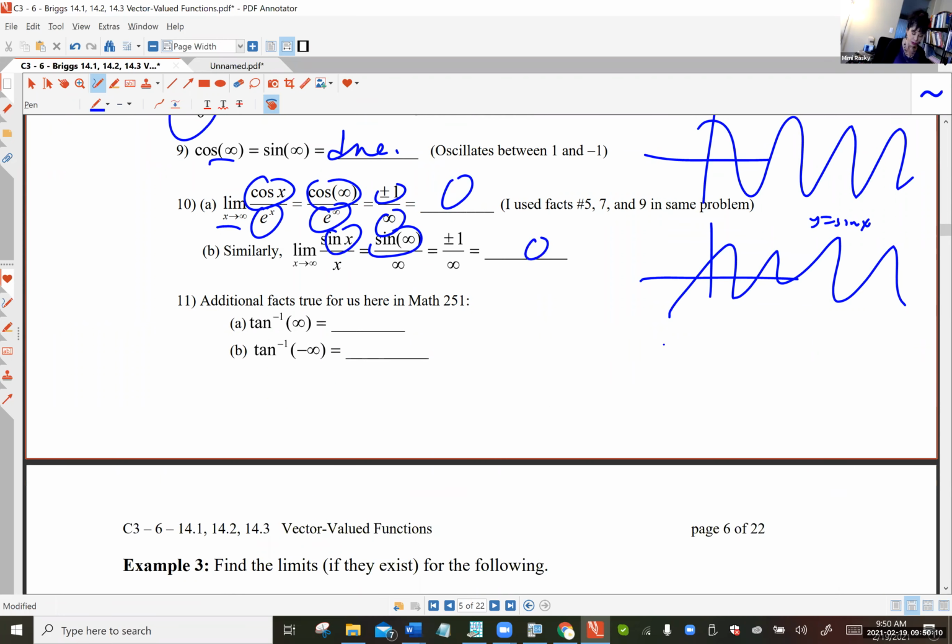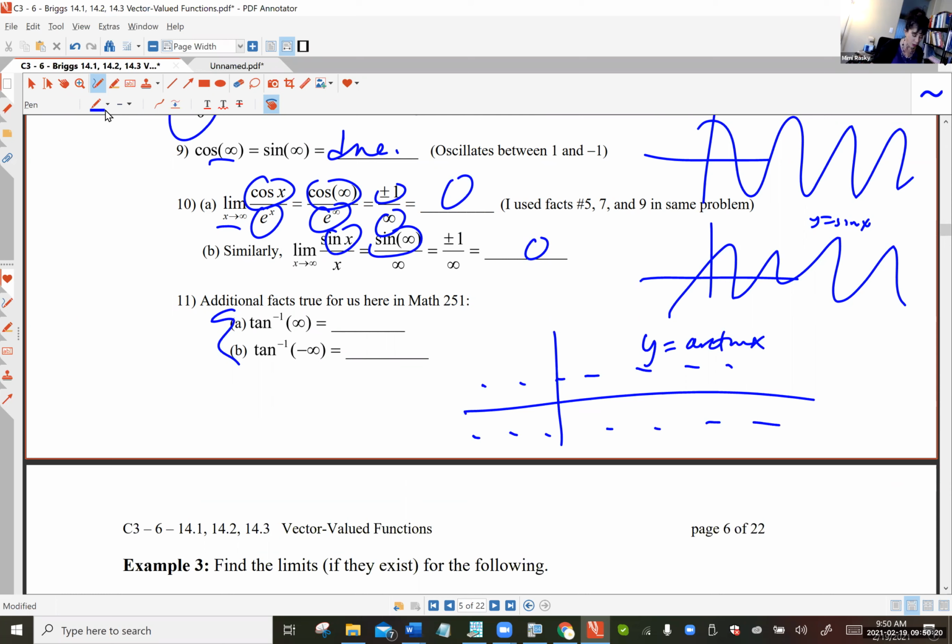Okay, now let's look at arctan. Real quick, you should know your arctan facts because I'm really into arctan in this class. You may have forgotten what the graph looks like, so I'm here to remind you that it's kind of cool. It has two horizontal asymptotes. The upper horizontal asymptote has the equation y equals pi halves, and the other horizontal asymptote is y equals negative pi halves.